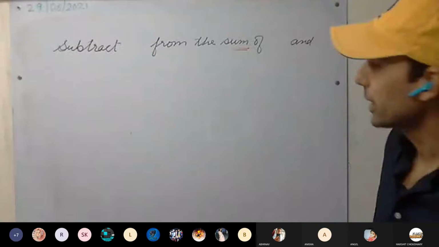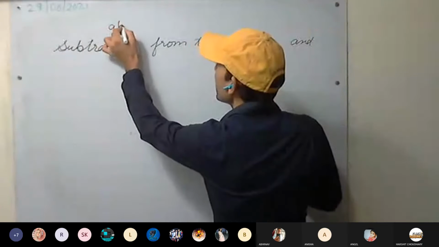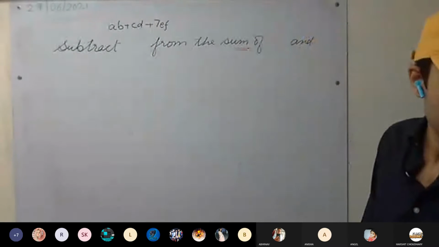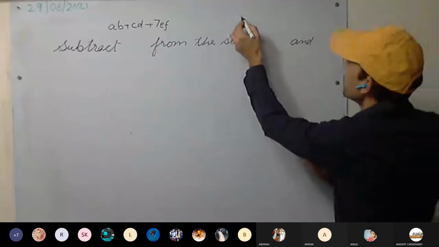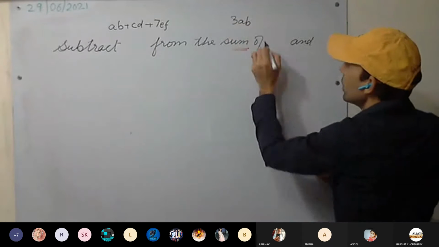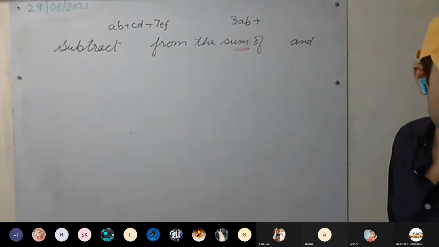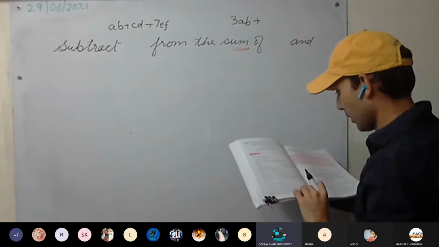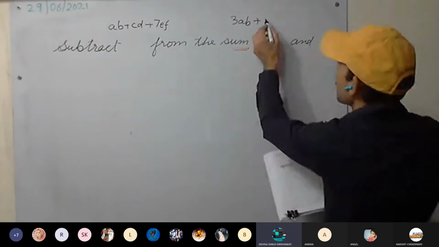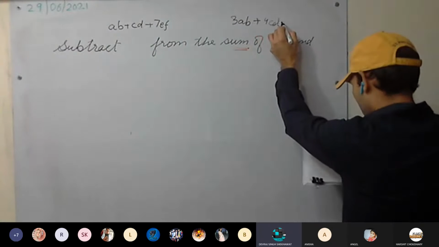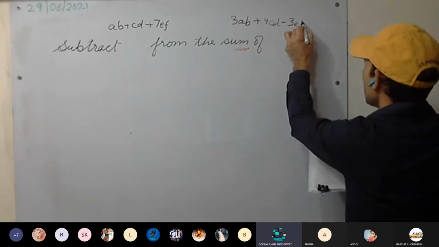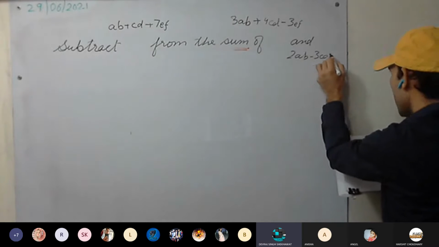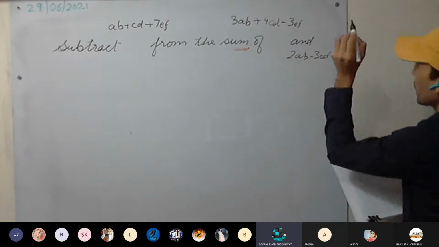So subtract AB plus CD plus 7EF. The first expression is 3AB plus 4CD minus 3EF, and the other is 2AB minus 3CD minus EF.